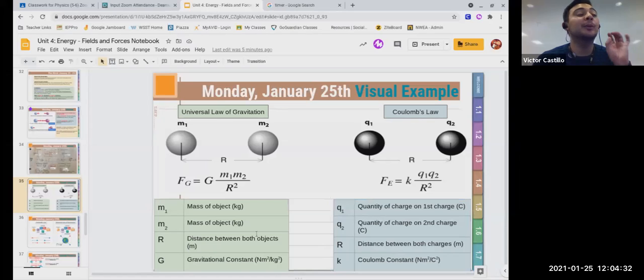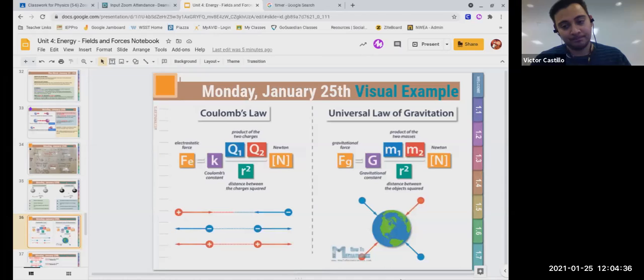If you want a prettier visual, go to slide 36. I know I'm moving a little bit fast, but that's just to show you. You can always go back and look on your own time. But slide 36 has color coordination, and it basically tells you how they're related to one another, like what's their equivalent for these ones. It also tells you if it's attractive or repulsive.